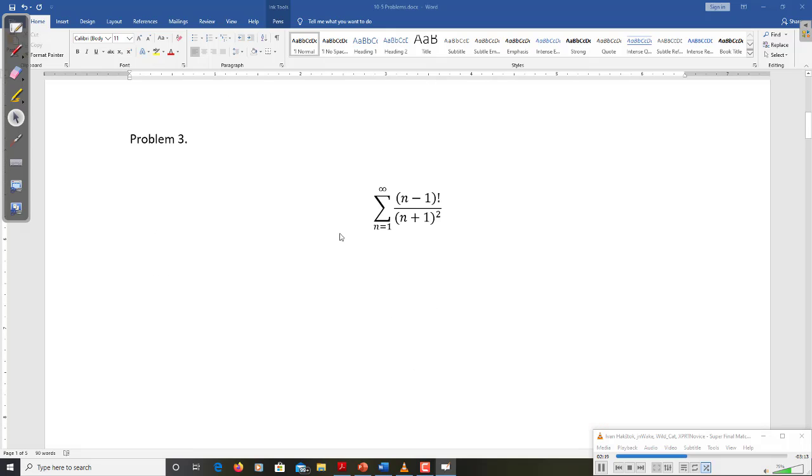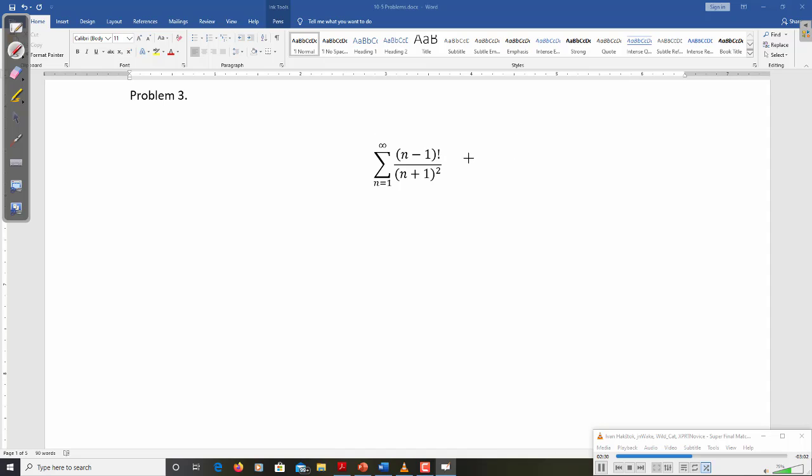Let's look at another one. Well, same idea. We have to look at the (n+1)th term, so the limit as n goes to infinity. n plus 1 minus 1 will be n factorial, so I'll go ahead and put it in, though.